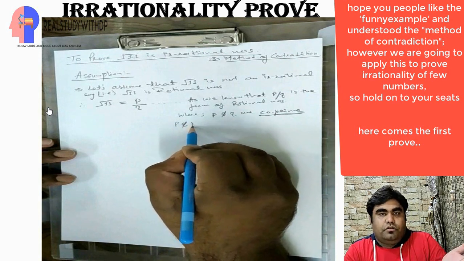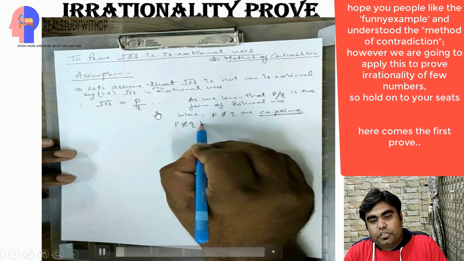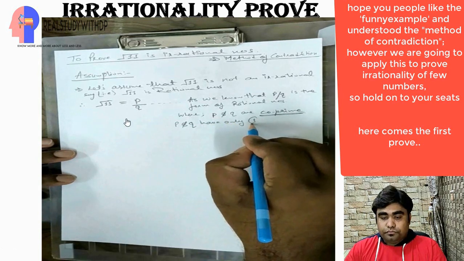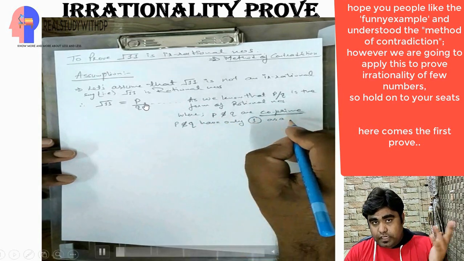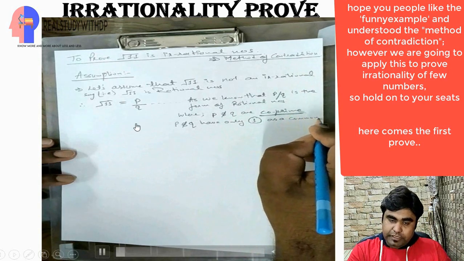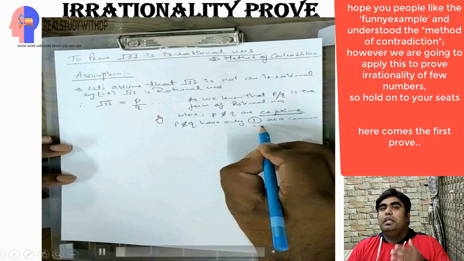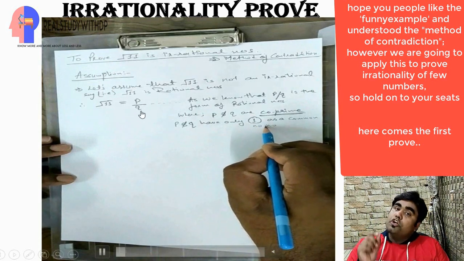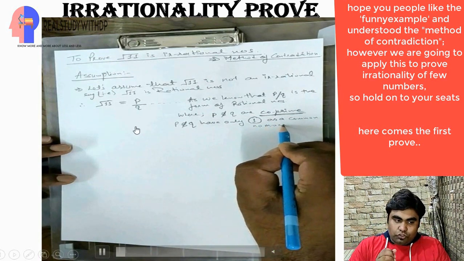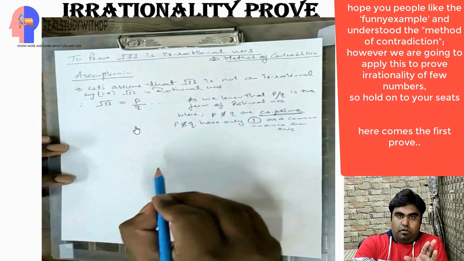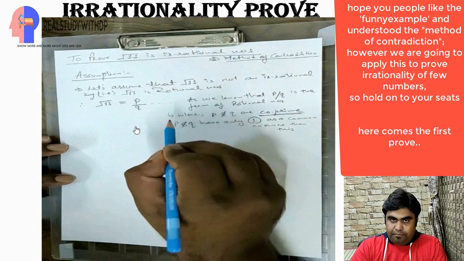That is the general form of a rational number, where p and q, as you are quite aware and as I have discussed earlier in the section on rational numbers, are going to be co-prime numbers. Now what are co-prime numbers? Co-prime numbers are those numbers which have only one as a common factor between them.